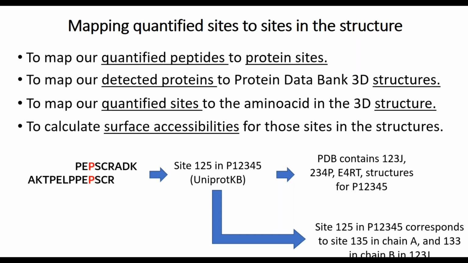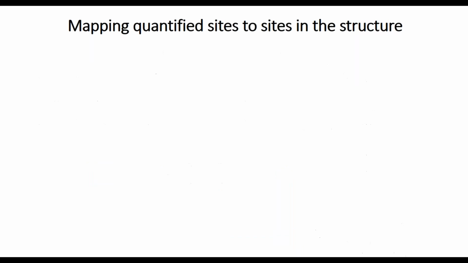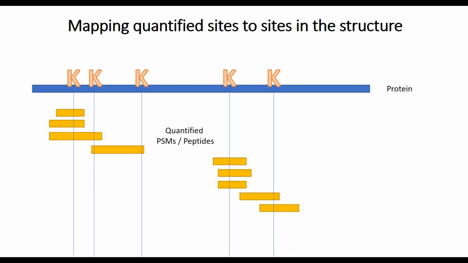And then when we have the sites recognized in the structure, we have to calculate the surface accessibilities for those structures. We also have another problem: for this particular experimental workflow, we have just one measurement per peptide, meaning that this measurement is coming from the lysine that the peptide has.